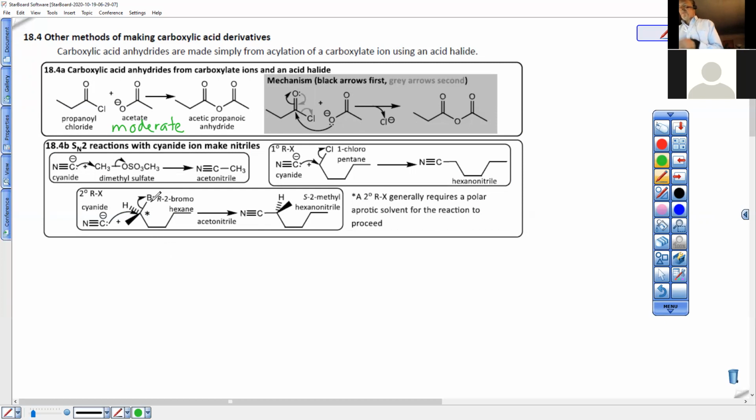Secondary carbon with a bromine, better use a polar aprotic solvent here because secondaries are starting to get into the realm where the reaction is slowing down, and you're going to need a polar aprotic solvent. I used acetonitrile this time. And that brings to a close chapter 18.